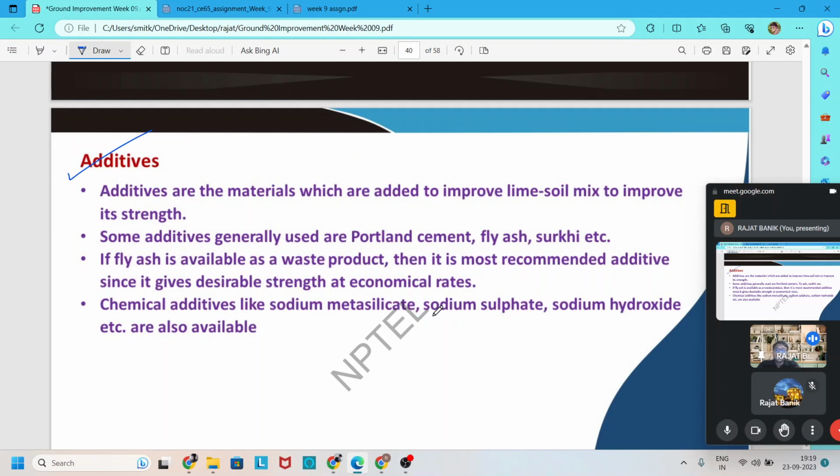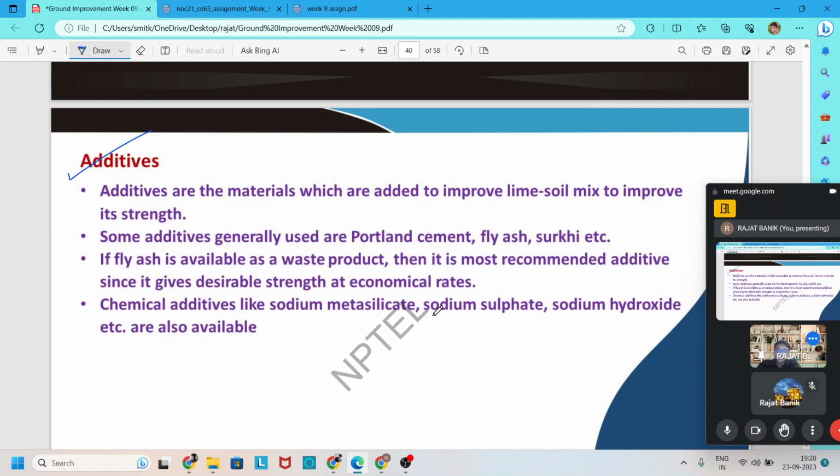Some additives generally used are Portland cement, fly ash, and sooty. So these are a few additives which are used with lime to accelerate the lime soil reaction. If fly ash is available as a waste product, then it is the most recommended additive since it gives desirable strength economically.